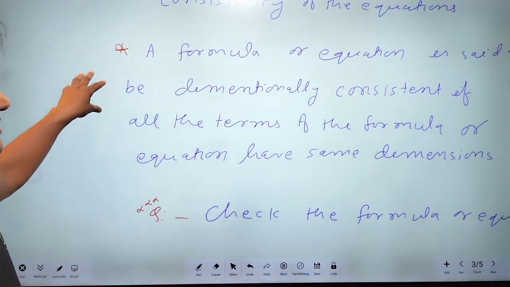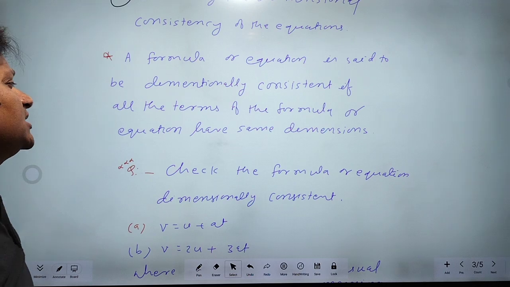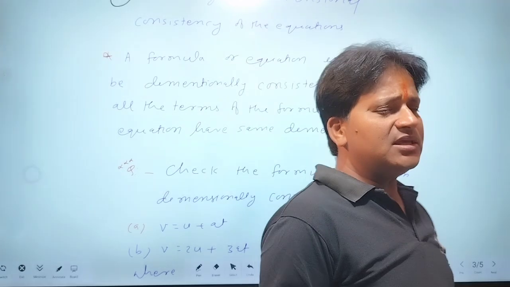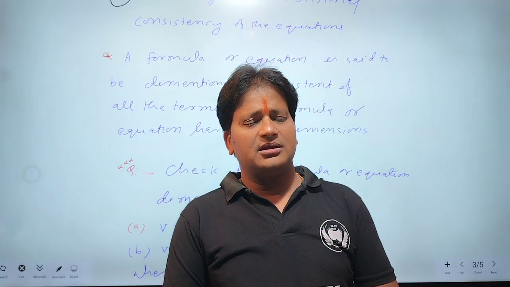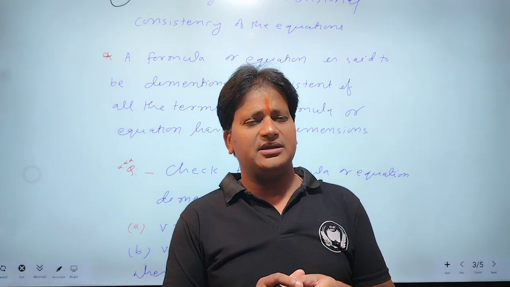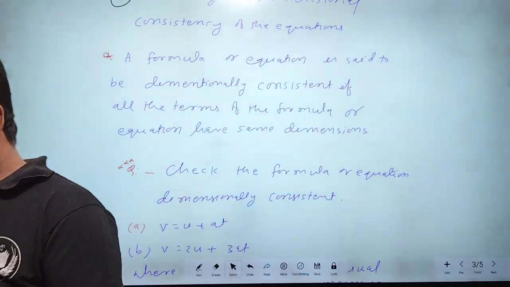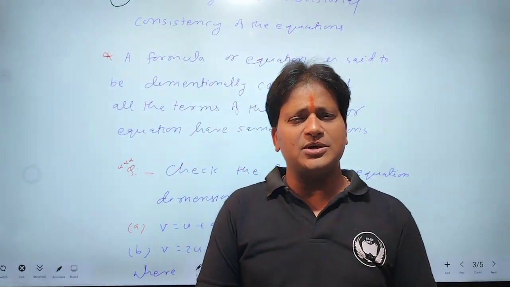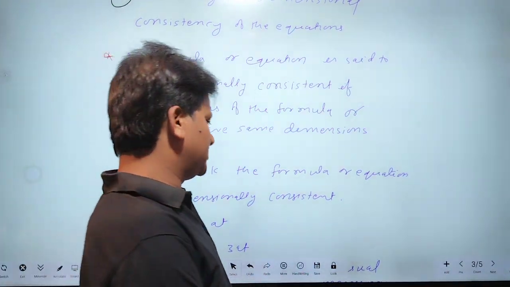A formula or equation is said to be dimensionally consistent if all the terms of the formula or equation have the same dimensions. Any equation or formula will be dimensionally consistent if and only if each term of the formula or equation has the same dimension.